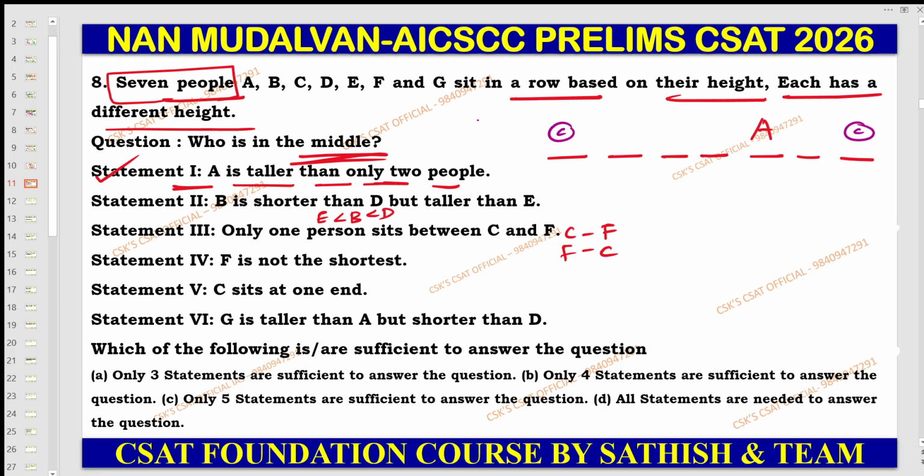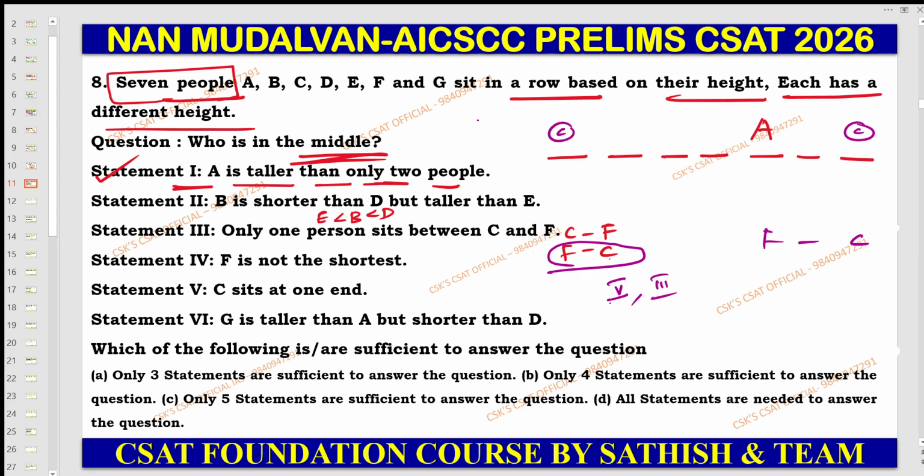Now if I am taking statement number 5 as well as statement number 3, what would happen? I can't use this one, because if C is the last, then in A's position F comes here.